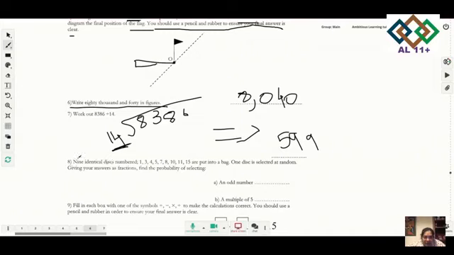So number 8, they're saying nine identical discs numbered 1, 3, 4, 5, 7, 8, 10, 11, 15 are put into a bag. One disc is selected at random, giving your answer as a fraction. Remember, you need to give it as a fraction. Find the probability of selecting an odd number.